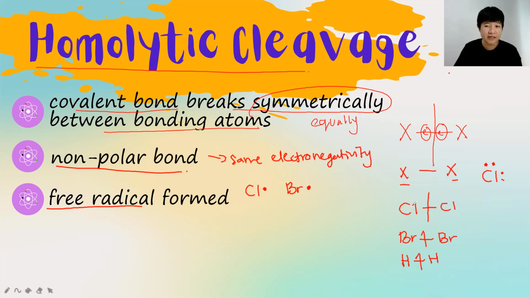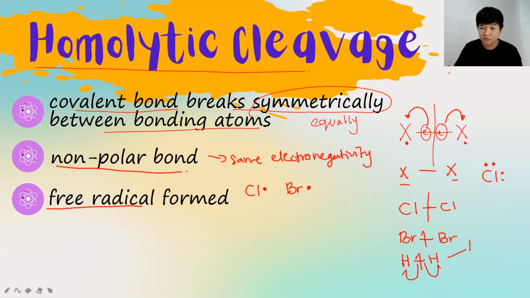And why is a free radical formed? Because this electron is taken by one bonding atom, and this electron is taken by the other bonding atom. So X is holding one electron now, and the other X is holding one electron now, the one unpaired electron. The same thing over here: the electron is taken by hydrogen, and the other electron is taken by hydrogen.